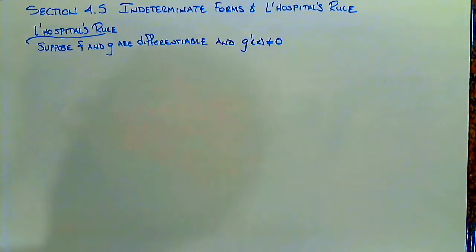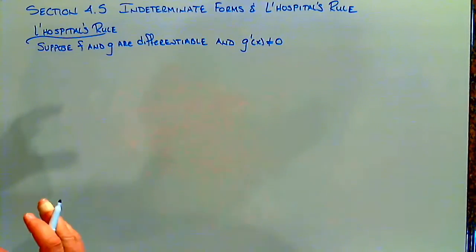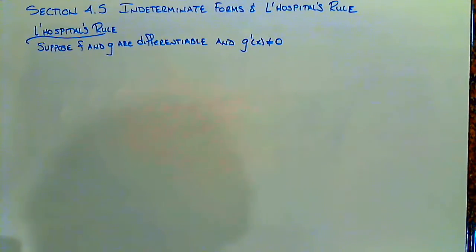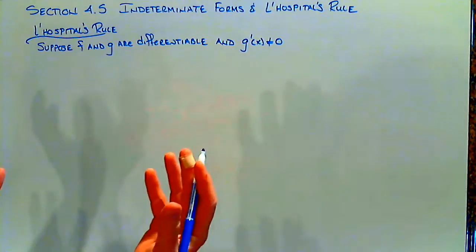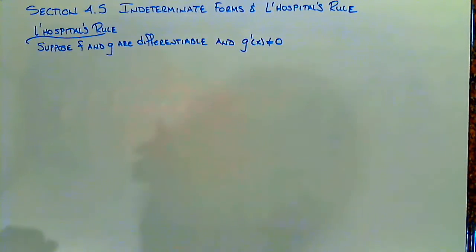Now I like to pause here and think. Thinking is always a good thing as I'm writing notes. Thinking is a good thing as I'm reading the book. And one of the things that I would suggest you do when you're reading the book is engage with what you're reading. Look at what it says and ask yourself, why are they putting that down? In this case, why are they telling me the derivative can't equal 0? Well, where is it mathematically that we often encounter the fact that somebody can't be 0?